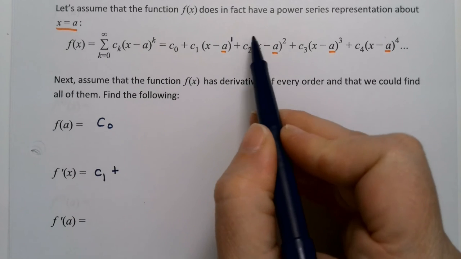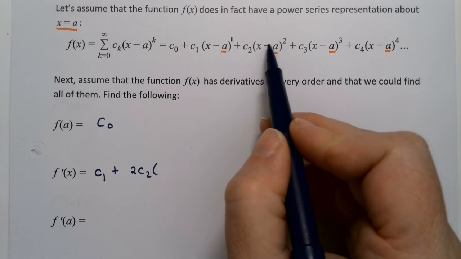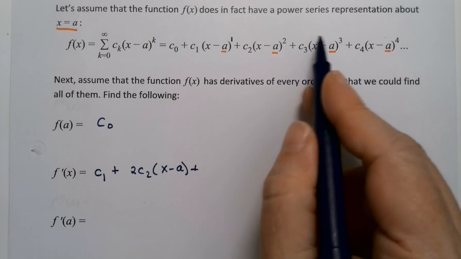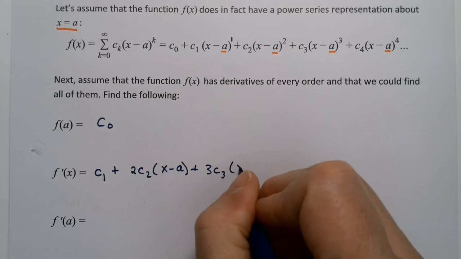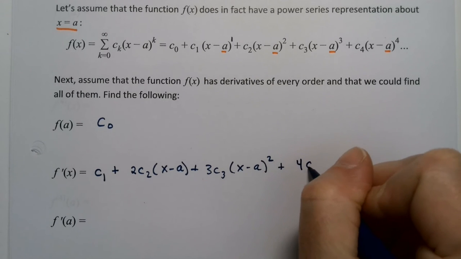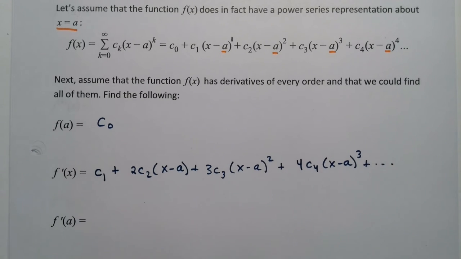Plus, now bring that power down, so it's 2c2 times x minus a to the 1, plus 3c3 times x minus a squared, plus 4c4 times x minus a cubed, and so on and so on.